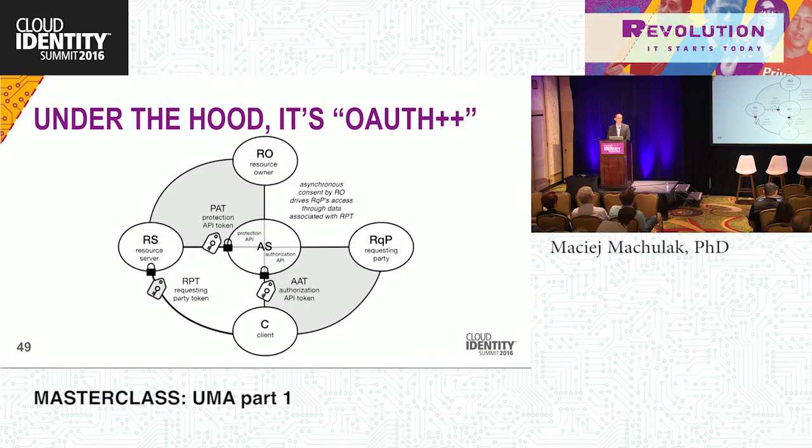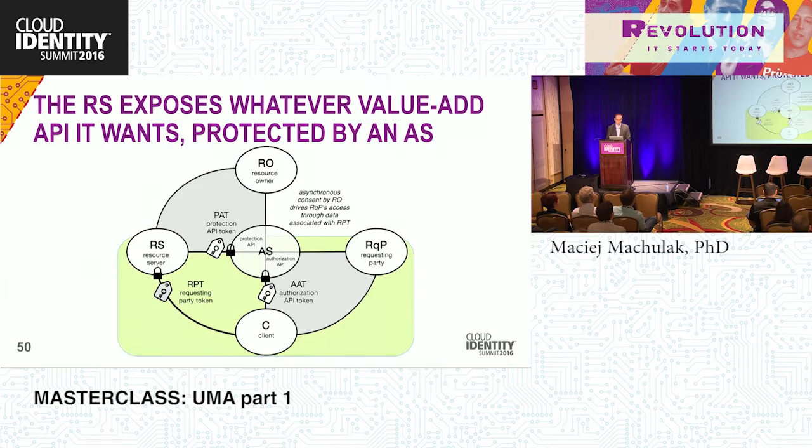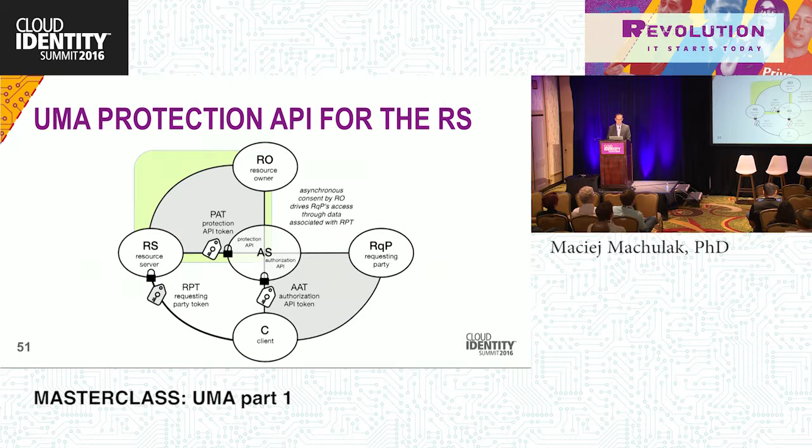But under the hood, it's still OAuth. So the authorization server and the resource server have a relationship which is established with the OAuth protocol. So the resource server and the authorization server have this relationship established as an OAuth relationship.